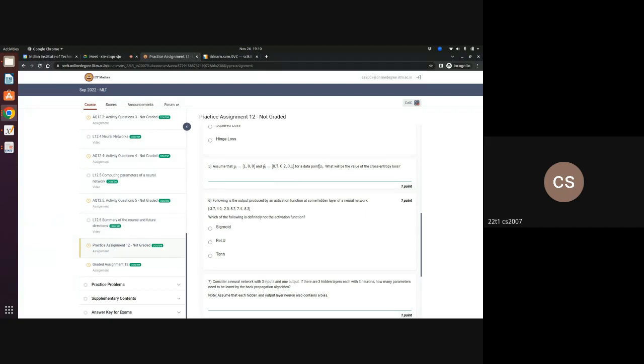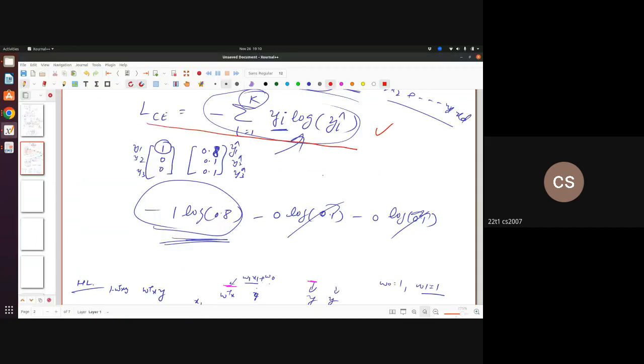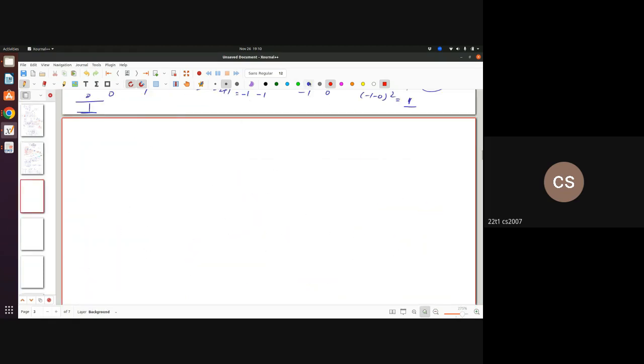And we have to find the value of cross entropy loss. We've actually done that just now. This is the formula that we'll be using. Cross entropy loss is minus sum of i goes from 1 to 3 in this case, y i log of y i hat, right? So minus, 1, 0, 0 is our y, and what is our y hat? 0.7, 0.2, 0.1, right?